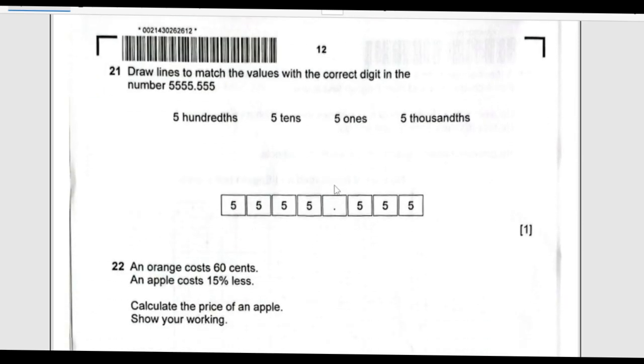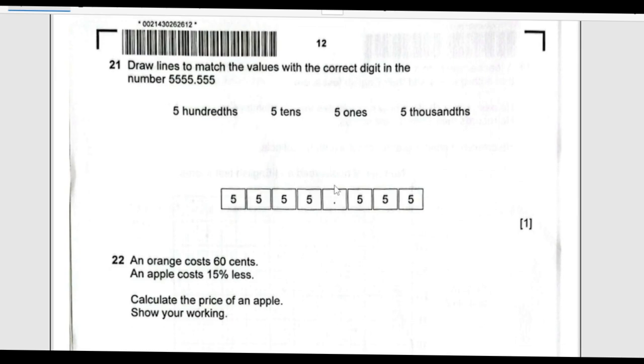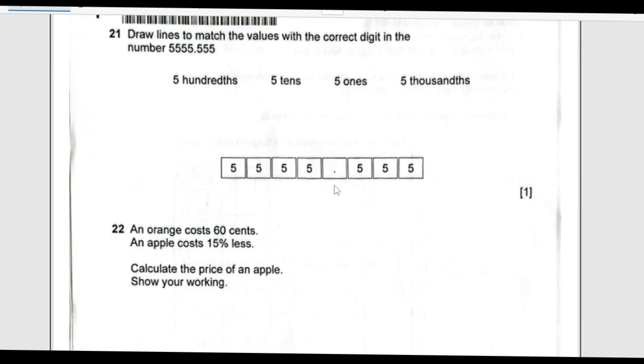Number 21, draw a line to match the values with the correct digit in the number. Okay, so 500ths, 100ths is here, this is tenths place, hundredths place, thousandths place, right? So 500ths, it is going to go after the decimal.